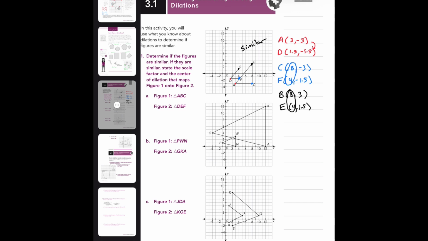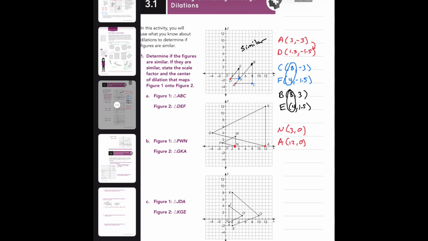Okay, if we check B, start with red again. Mark these 2 points. This time, let's say the smaller one is the original one. So that point N is at 3, 0, and the corresponding point A is at 12, 0.